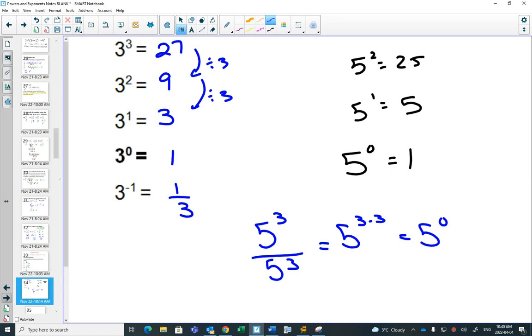So we can see why it's equal to 1 with that law as well. So there's 2 ways that you can see the zero exponent law. Using your quotient law of subtracting the same number divided by the same number. I mean, you can even do it with 8 divided by 8.